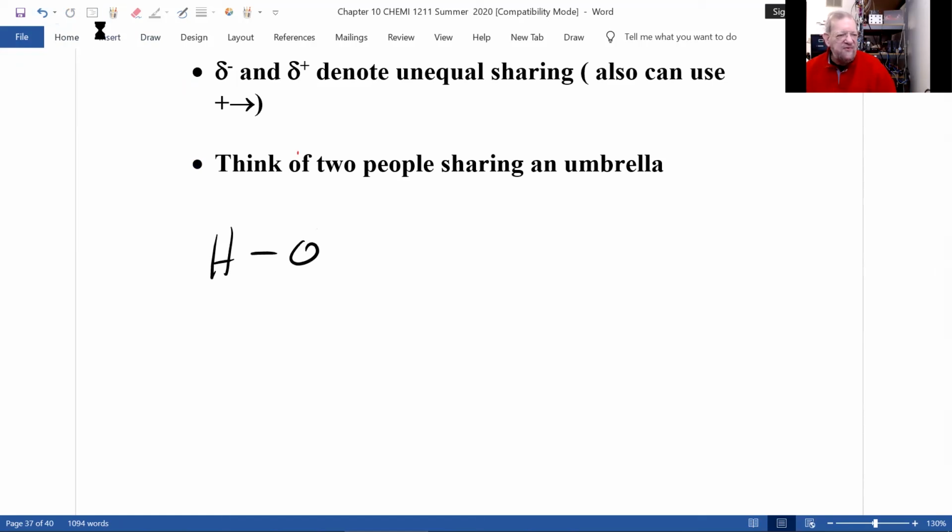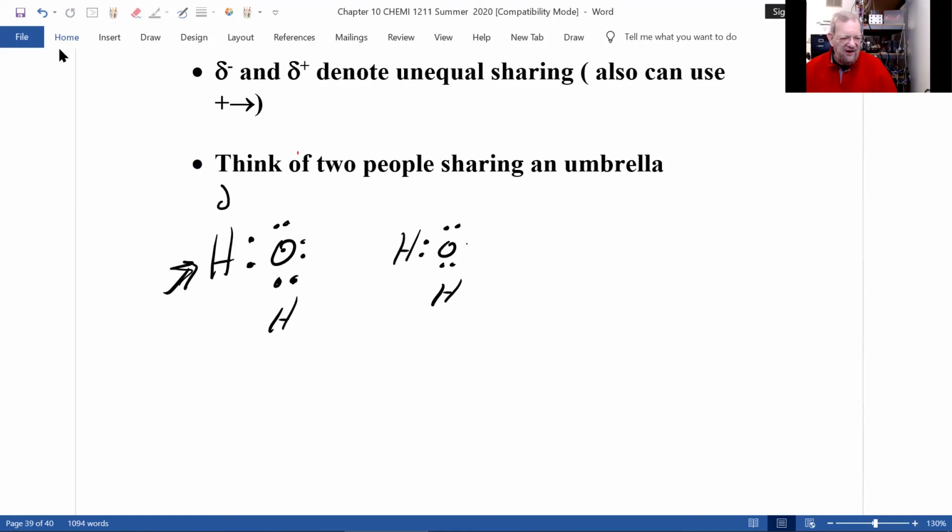If I draw it this way, and Dr. White, being an organic chemist, used the line instead of dots, here's the Lewis structure for water. Let's do a second one. Because oxygen is more electronegative than hydrogen, there's a slight charge, which we show by lowercase delta.